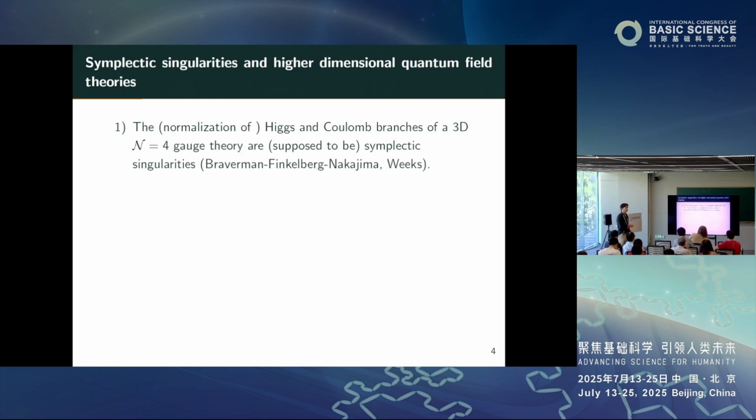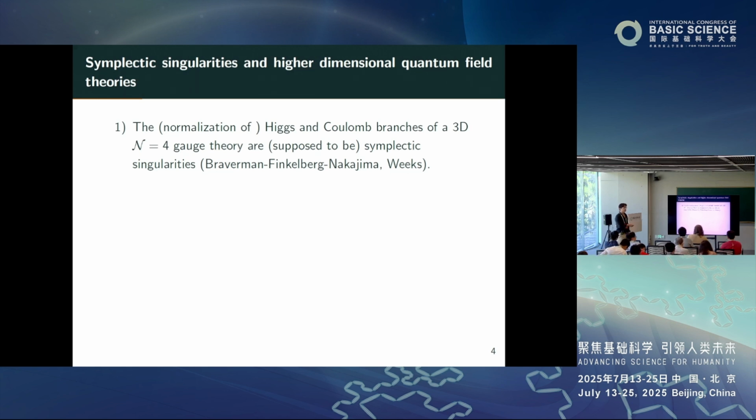For example, if you consider three-dimensional N=4 gauge theory, then the Higgs and Coulomb branches, or their normalizations, are supposed to be symplectic singularities. The Higgs branch is defined by the usual Hamiltonian reduction. The Coulomb branch was difficult to understand, but it was defined by Braverman, Finkelberg, and Nakajima for almost all cases now. And it was proved by Weekes that they are indeed symplectic singularities.